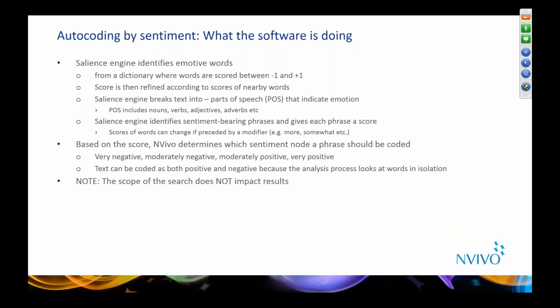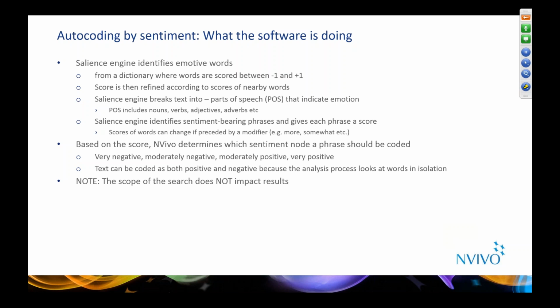And it comes up with an overall score for what's called the parts of speech, the POS. So it's not a sentence, but it's an overall score for a part of speech. And a part of speech includes nouns, verbs, adjectives, adverbs. So that is given a final score.